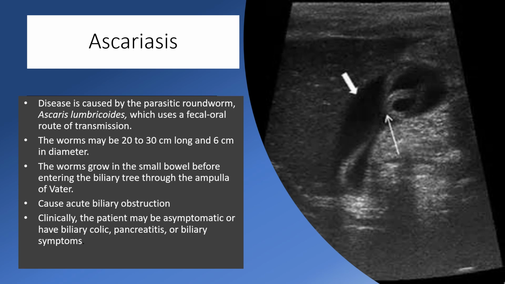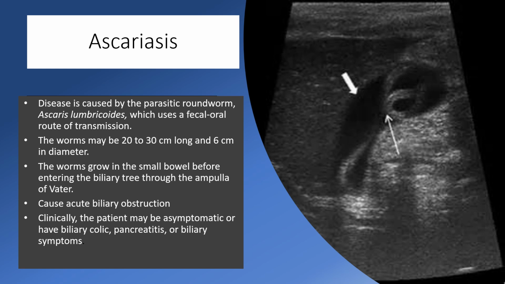And the worms can get very long. They can get 20 to 30 centimeters long and up to 6 centimeters in diameter. They're going to grow in the small bowel before entering the biliary tree through the ampulla of Vater, and they can cause acute biliary obstruction.